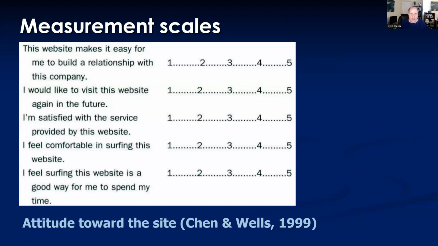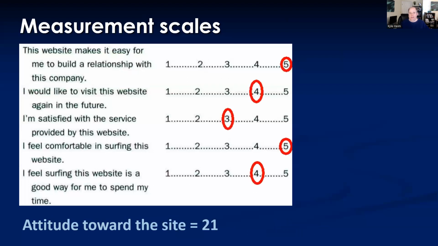So for each of these statements, people would have to rate their level of agreement on a scale of 1 to 5. And then what you would do is you would add up their responses. So if they said 5, 4, 3, 5, 4, you add up those numbers and you end up with a total of 21. So their attitude towards the site equals 21.